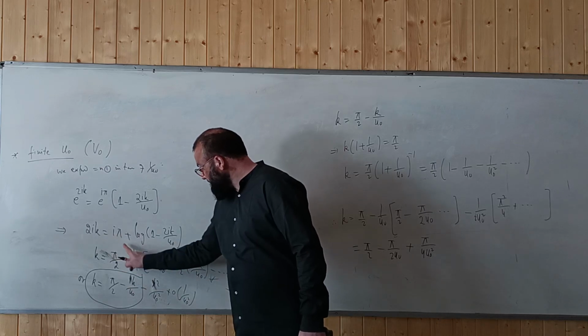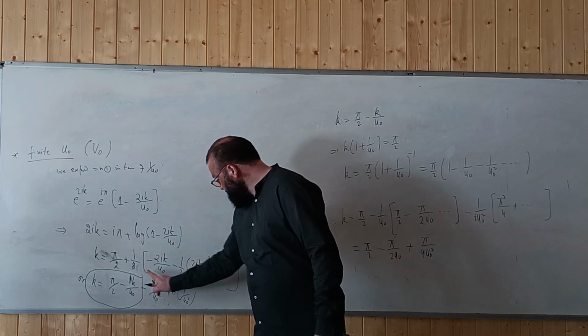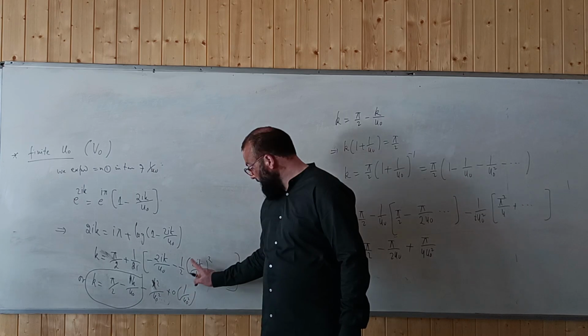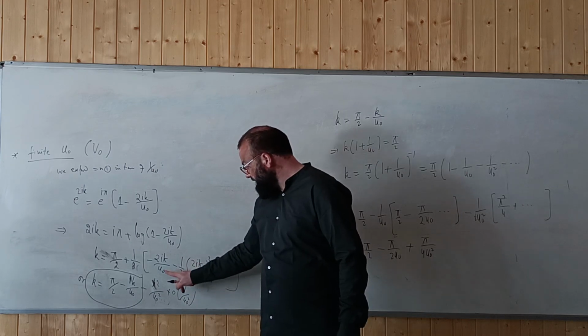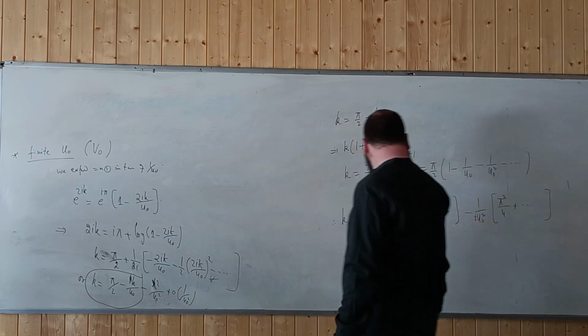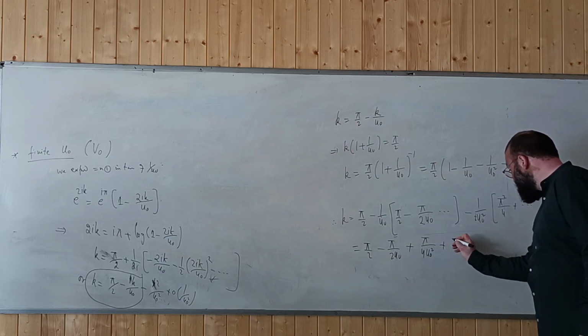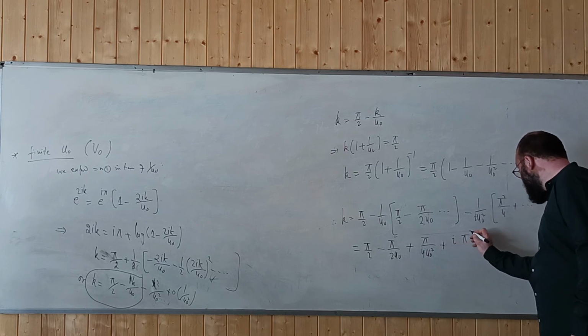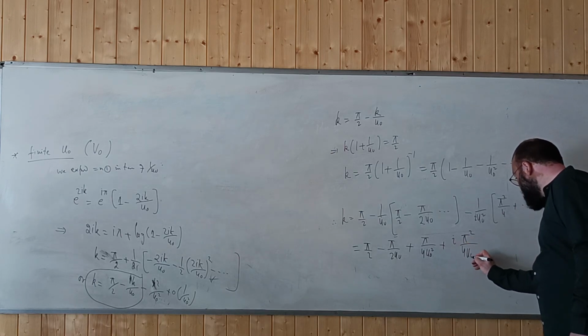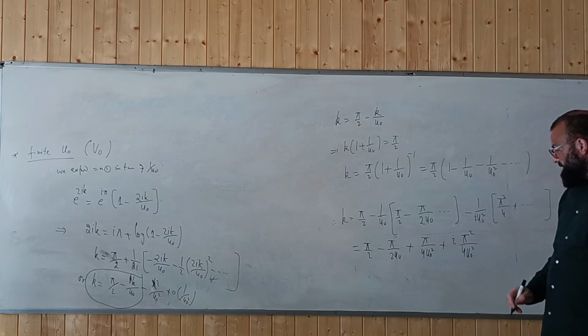So i and i cancel, 1 by 2i, so this i multiplies this expression. i square is minus 1, it's plus here. So it is simply minus i, plus i pi square by 4 u naught square. Got it?